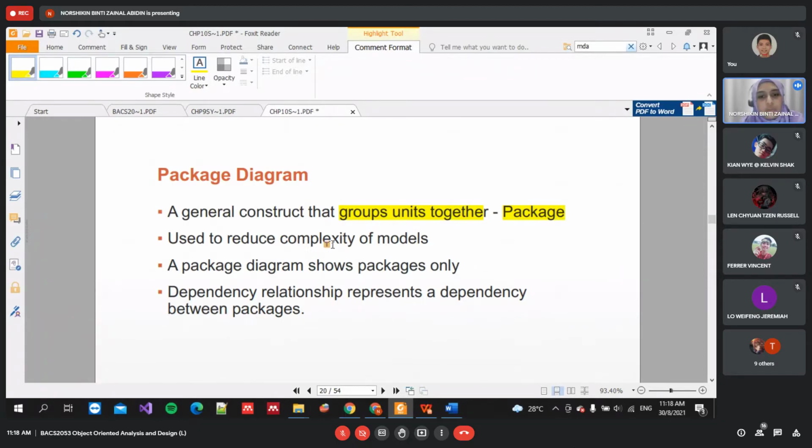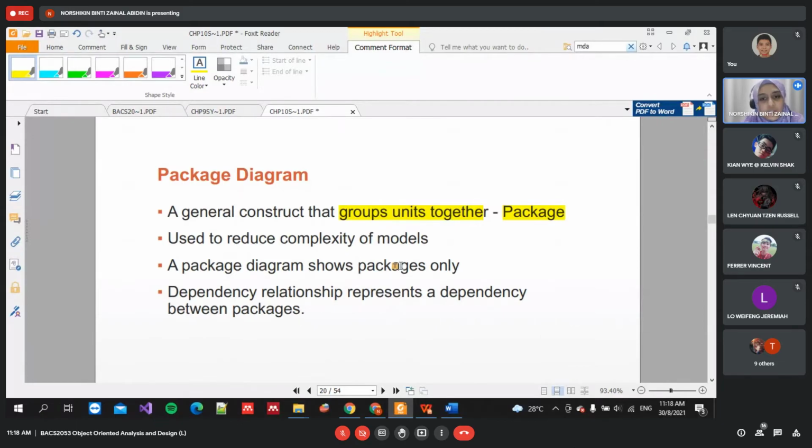Package is used to reduce complexity of models. Why can we reduce the complexity of models? Because first, we already group them by something in common. Usually they have some common attribute, so it can reduce the complexity. And then a package diagram shows only the package.